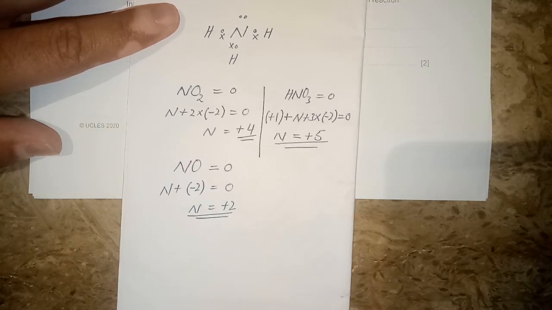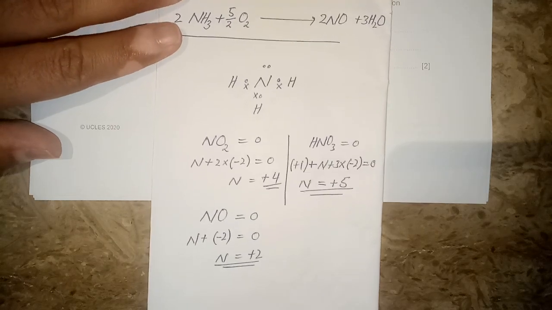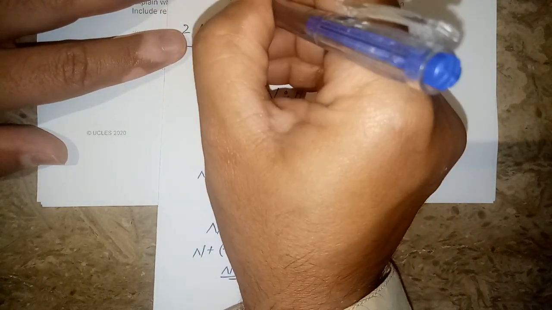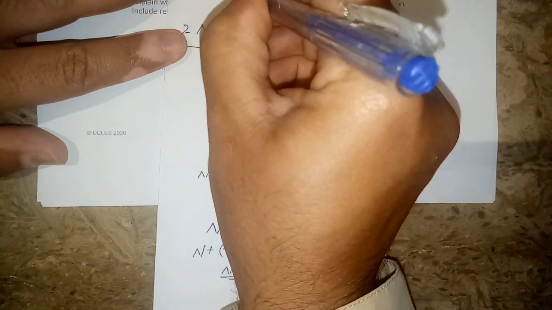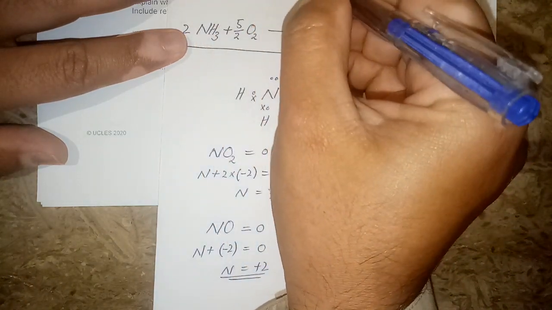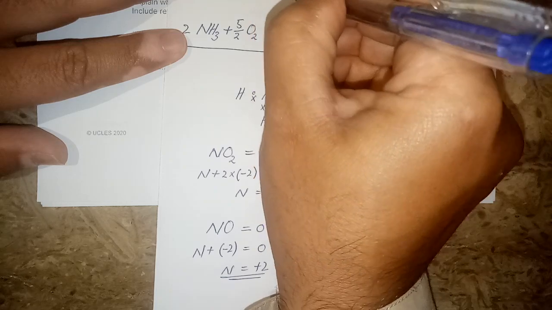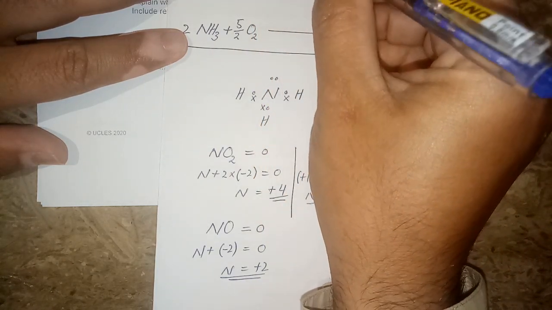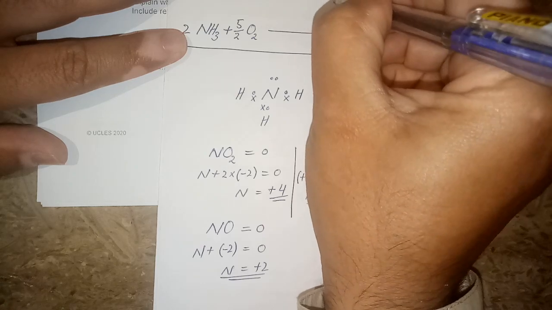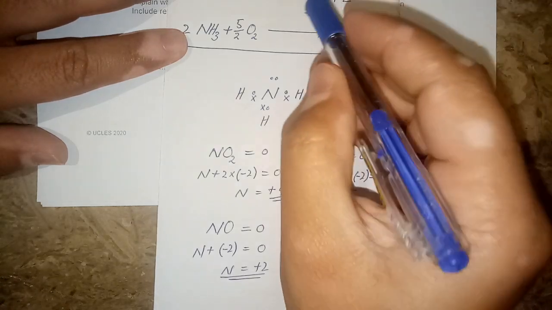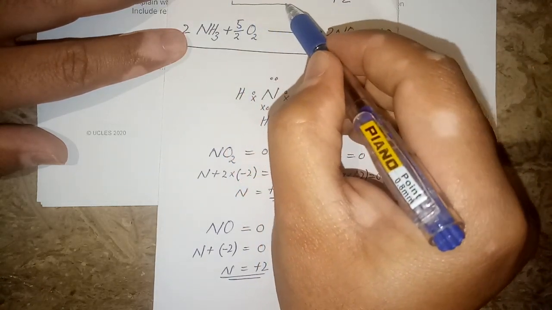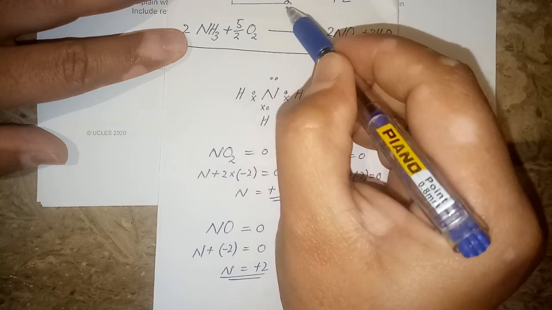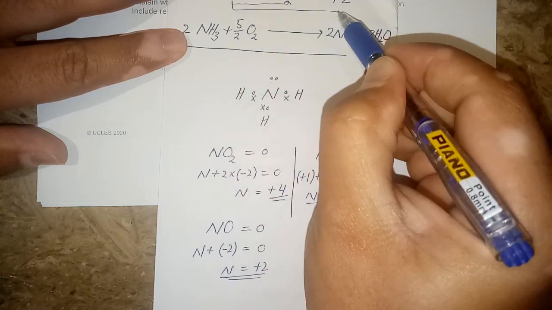So simply we can say that the oxidation state of nitrogen in NO2 is +4, the oxidation state of nitrogen in nitric acid is +5, and the oxidation state of nitrogen in nitrogen monoxide is +2. So at first it increases the oxidation state and then it decreases.